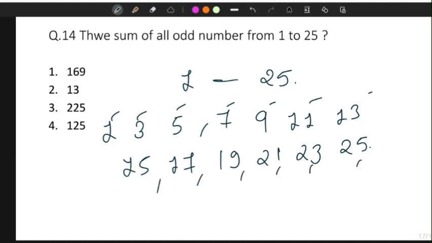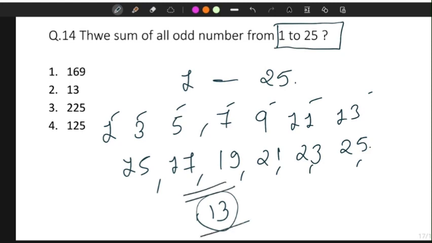So we have to take the sum of the first 13 odd numbers. The first 13 odd numbers' summation is going to be 13 square, that is equal to 169. So the answer is option number 1.